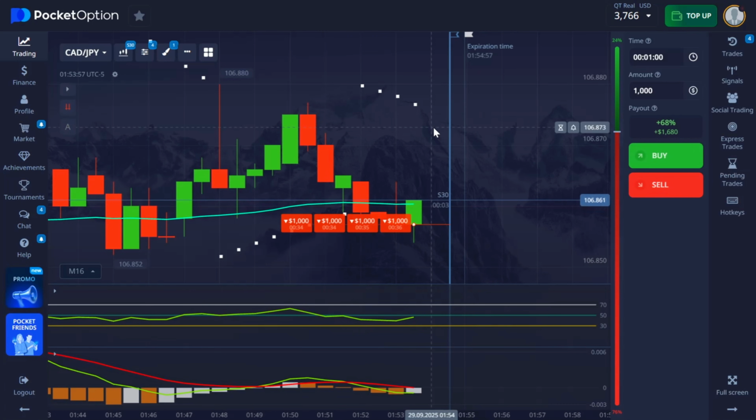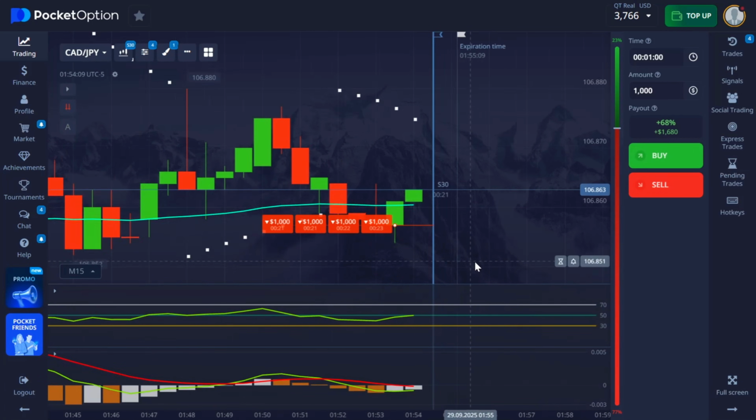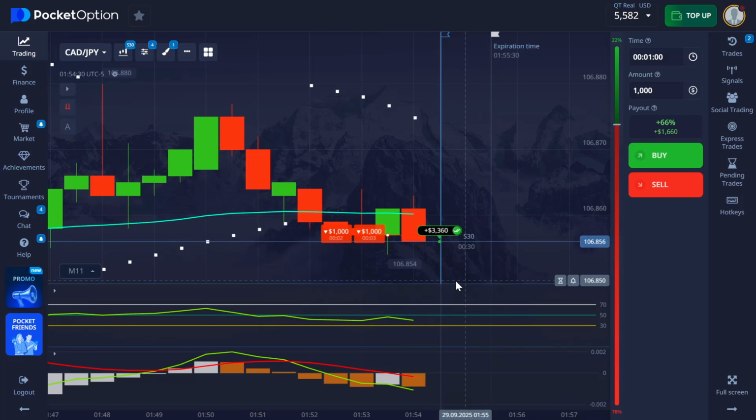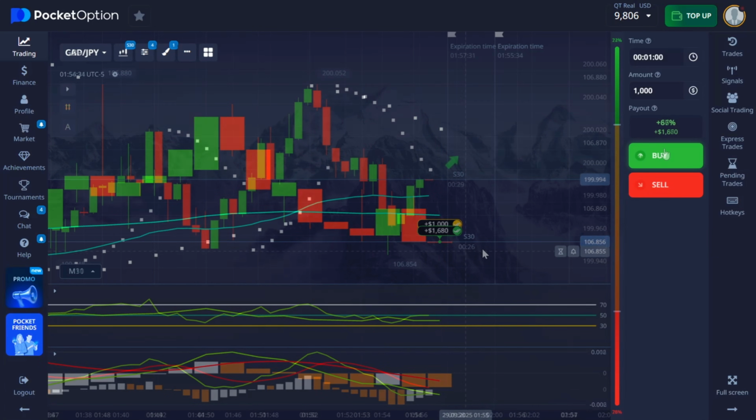This is a very accurate strategy, guys, and this signal here is very good because we have RSI below the 50 level, which is showing me something very unique. So let's see what's going to happen here. Beautiful. This trade is a winning trade, guys. Nice.